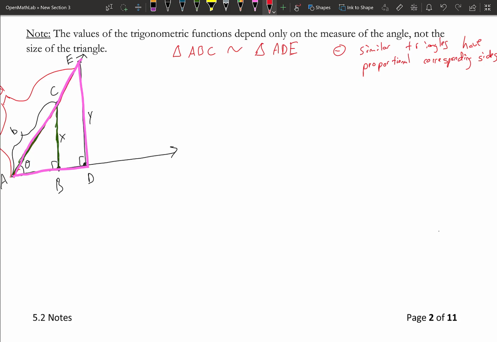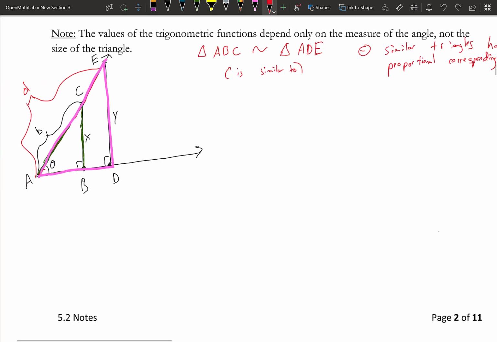That's what I meant. Also, just a note, that symbol means "is similar to," at least in this context. So if two triangles are similar, their corresponding sides are proportional.